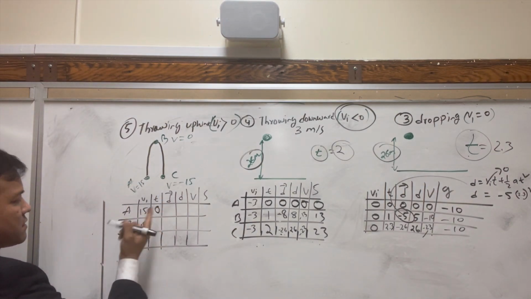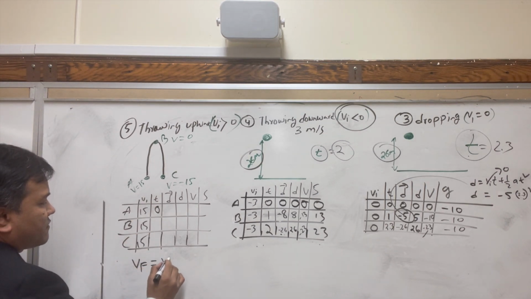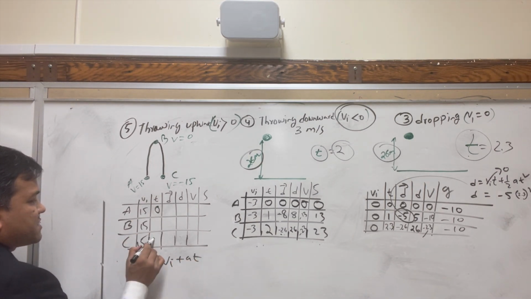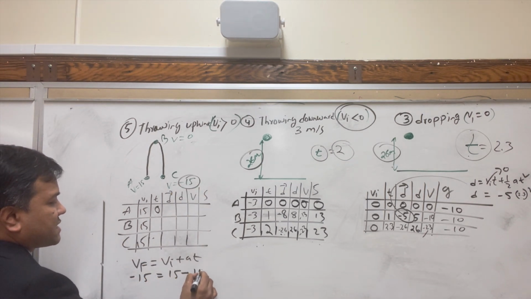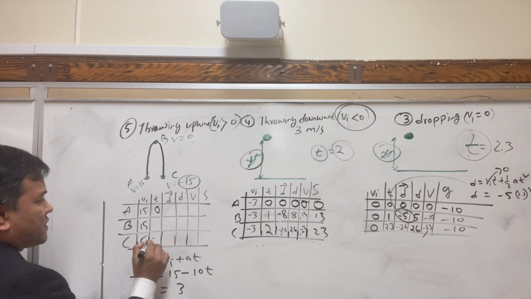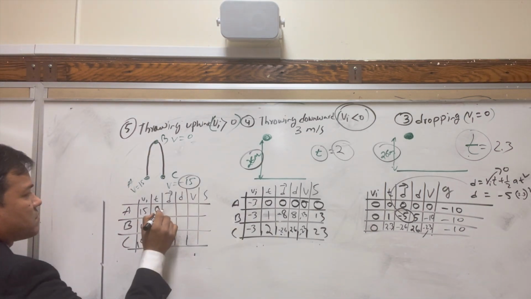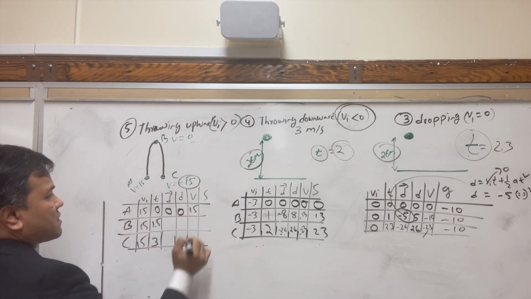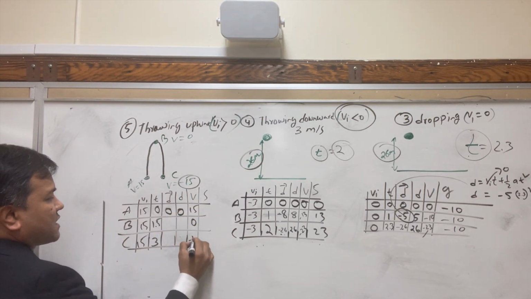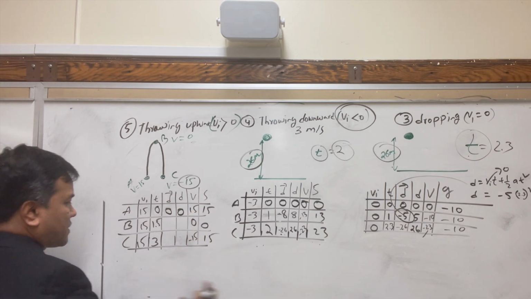At location C, Vf is equal to Vi plus at, so negative 15 is equal to 15 minus 10t. So t is equal to 3. If you know this one, you know this one. Displacement 0. Distance 0. Velocity is 15, 0, negative 15. Speed is 15, 0, 15. Okay, good.